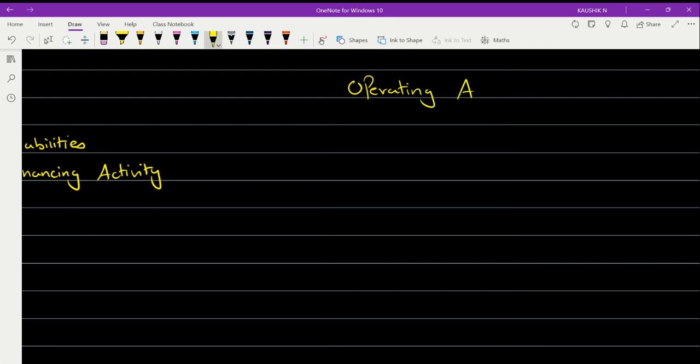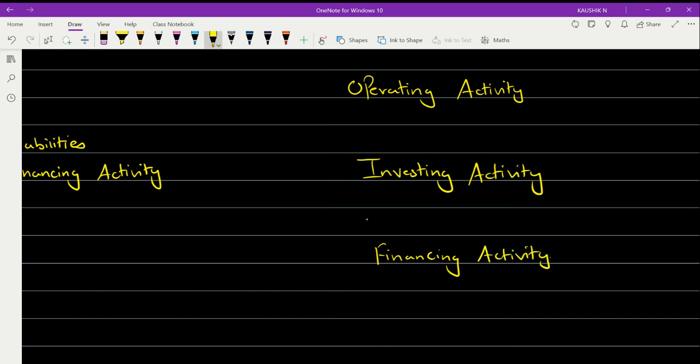First, operating activity. The next one is investing activity. The last one is financing activity.